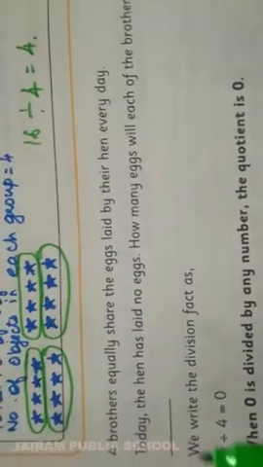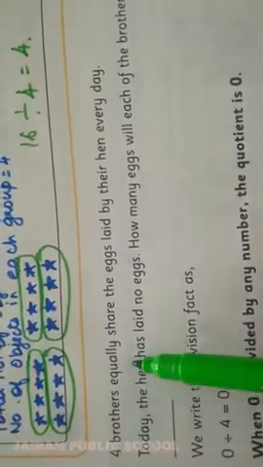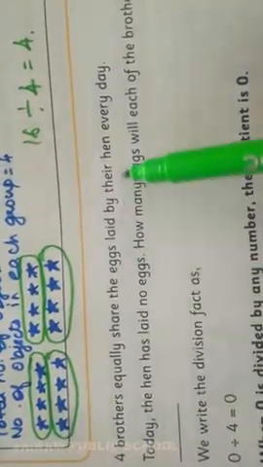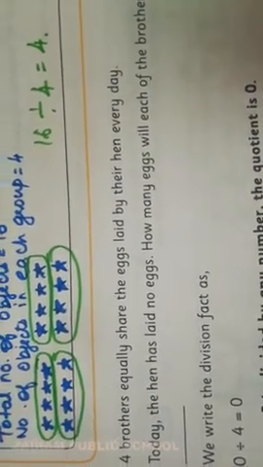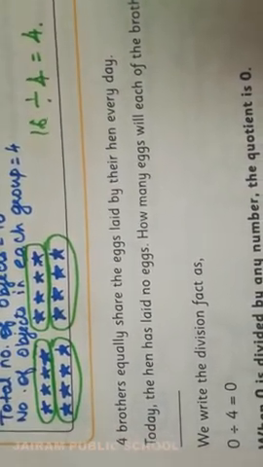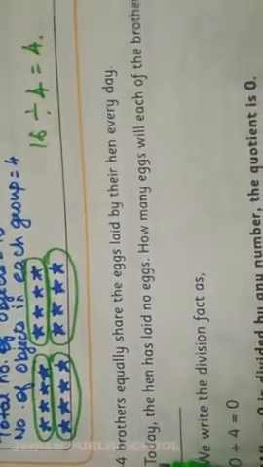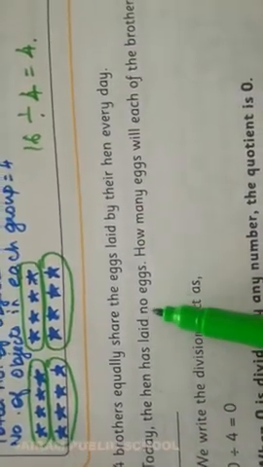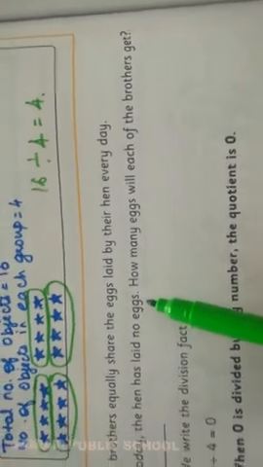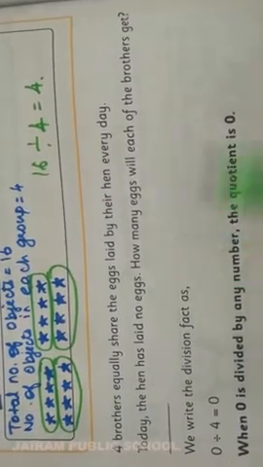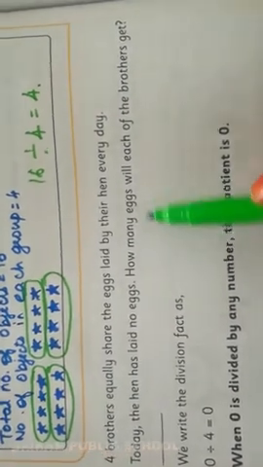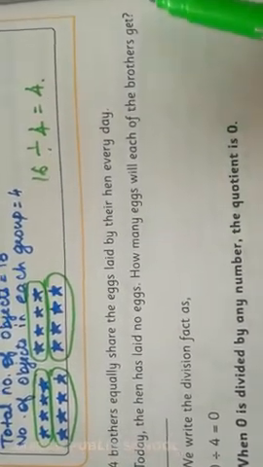Next, 4 brothers equally share the eggs laid by their hen every day. Today, the hen has laid no eggs. So, how many eggs will each of the brothers get?